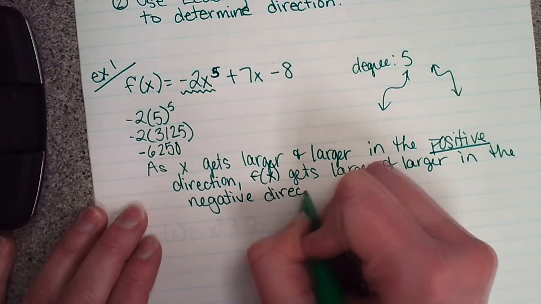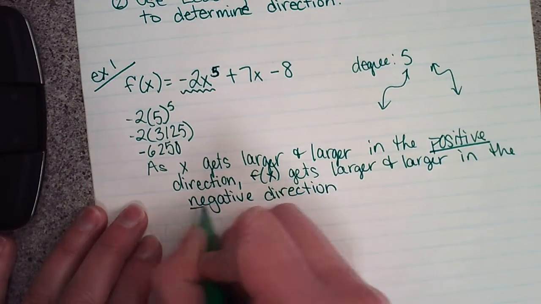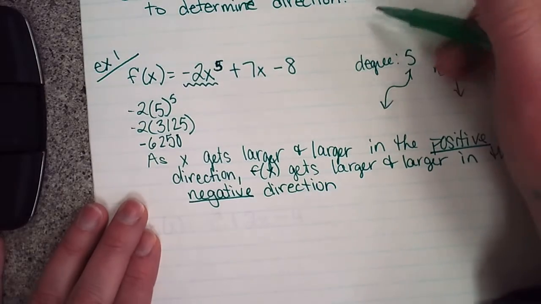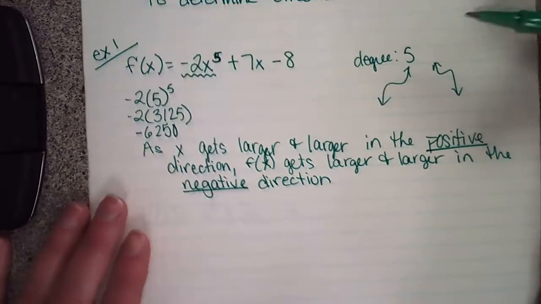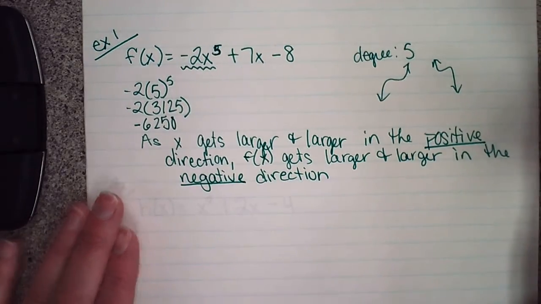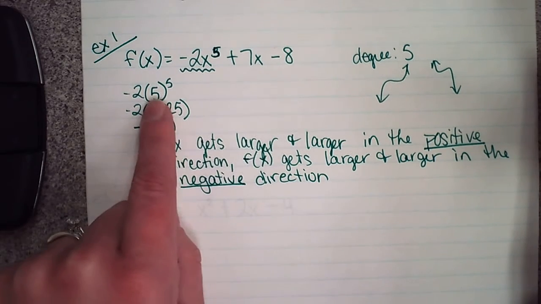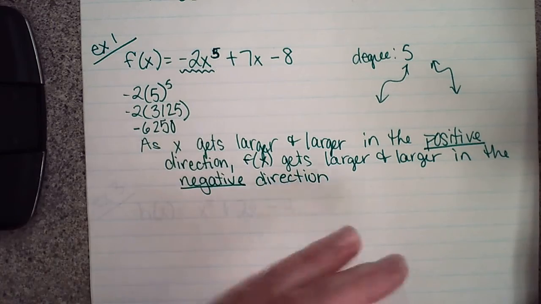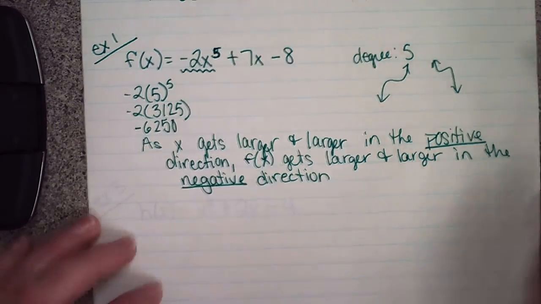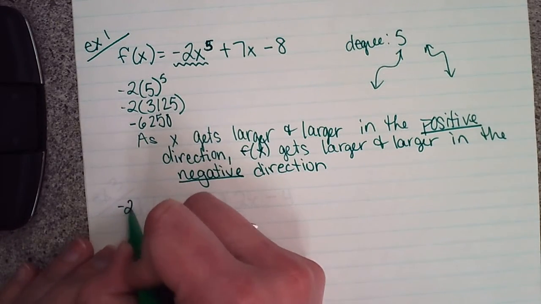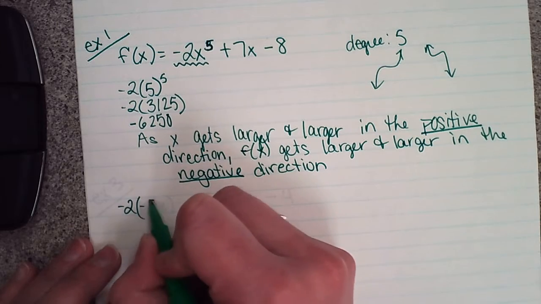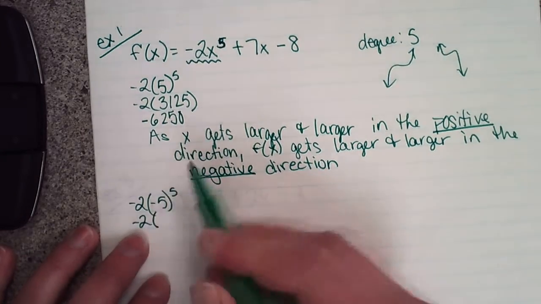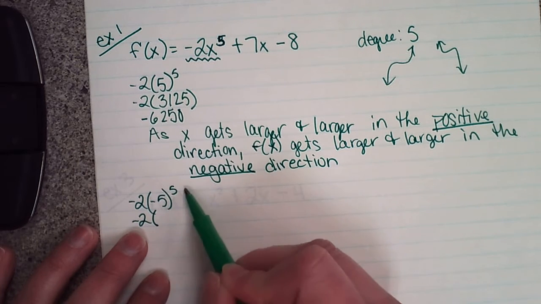Now, because this is an odd function, we know that since it's going down on this side, it's going to go up on the other side. But for the sake of this video, I'm going to demonstrate why that's true. Just like I plugged in a positive x value, I'm going to plug in a negative x value. So again, my leading term: negative 2 times negative 5 to the fifth power. Now with that exponent, you have to do this portion first.